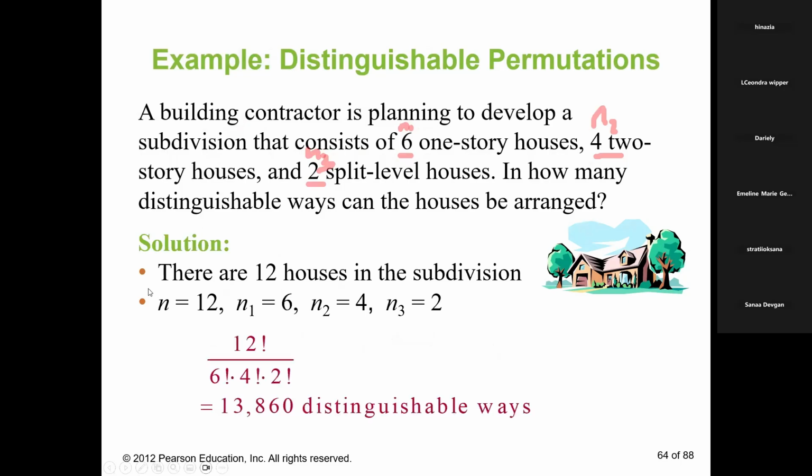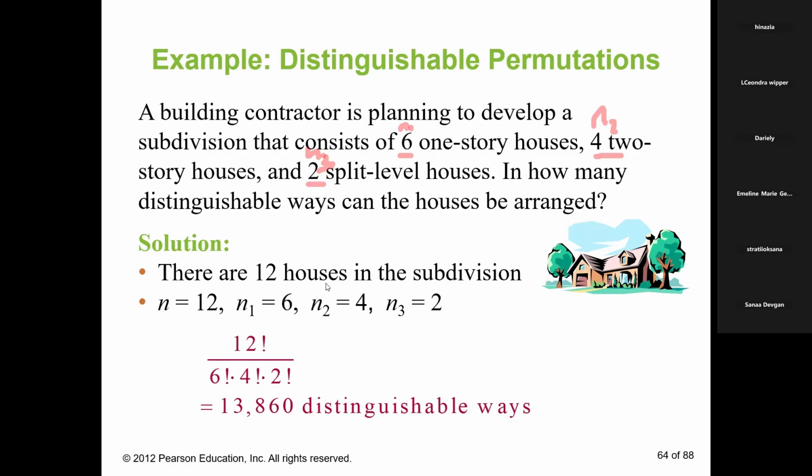So there are 12 houses in the subdivision. N equals 12, N1 is 6, N2 is 4, 6 plus 4 is 10, 10 plus 2 is 12. So that will give you 12 factorial over N1 factorial, N1 is 6, N2 is 4 factorial, and then N3 is 2 factorial.